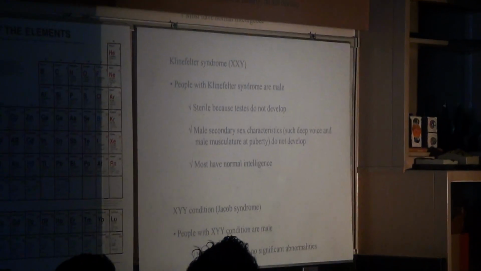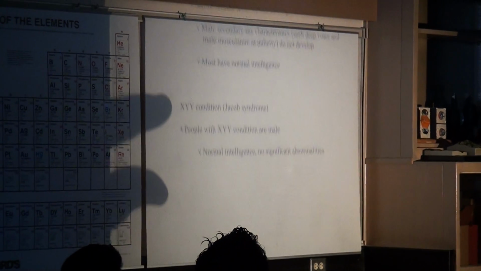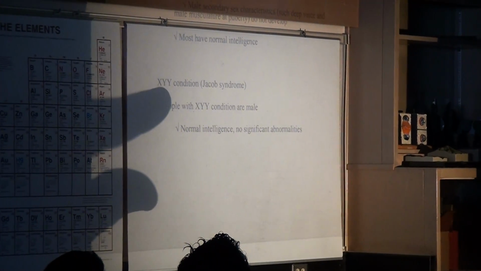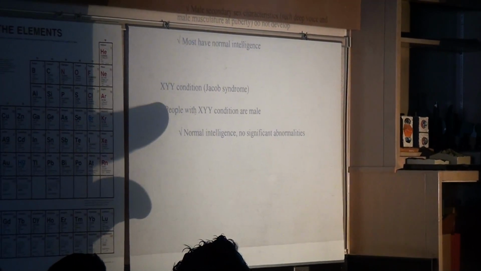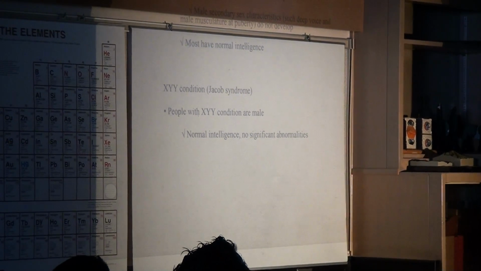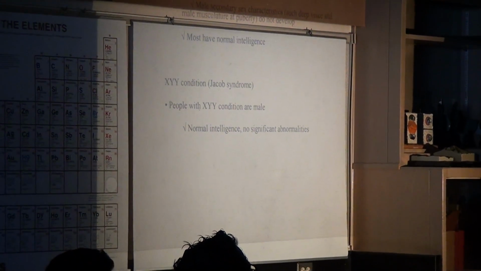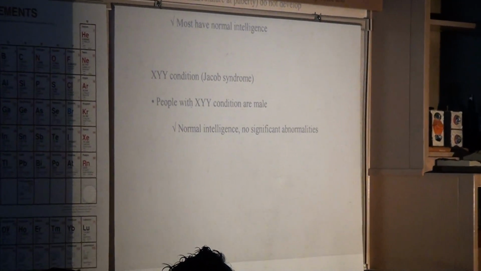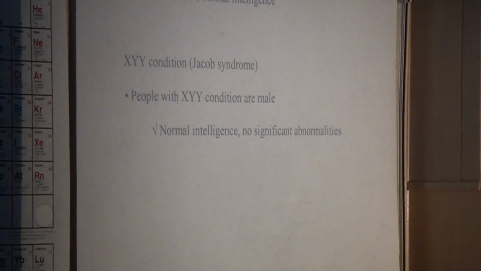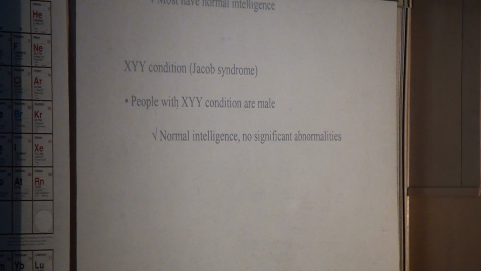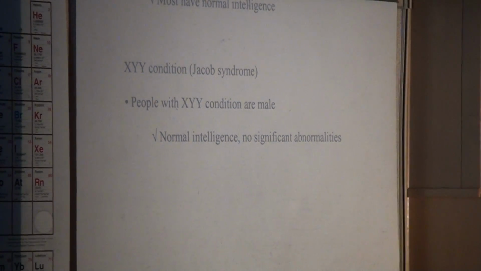And lastly, there's one called Jacobs syndrome, where the boy inherits 2 Y chromosomes. And it doesn't seem to have any symptoms at all. Here we go.